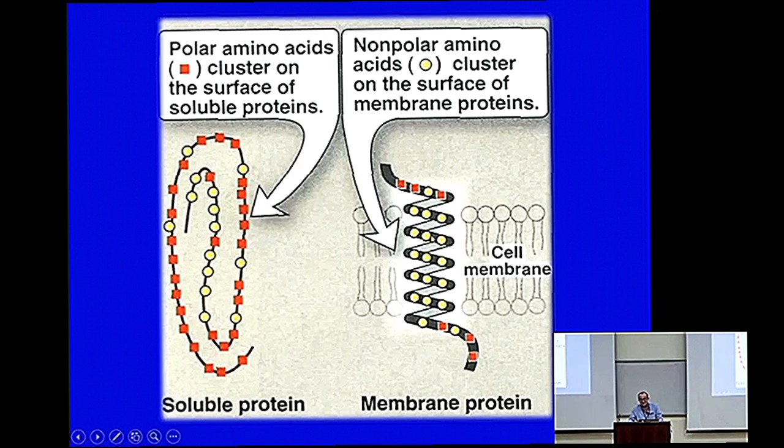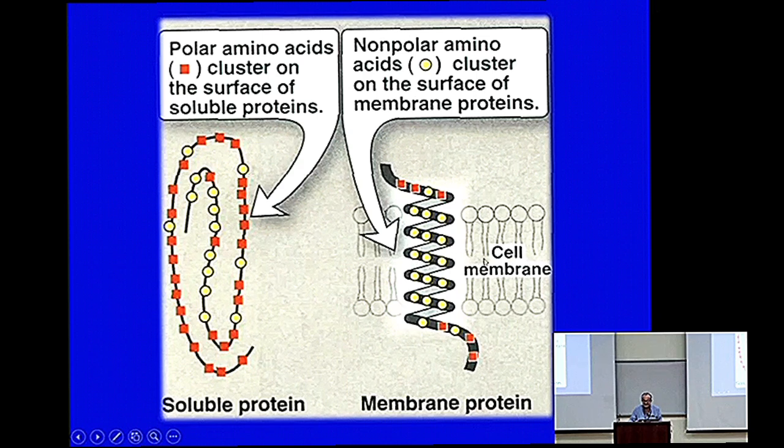So look at this protein there. Here's another protein. Let's call it a receptor protein in the membrane. All of the hydrophobic non-polar residues are embedded in the membrane. These are non-polar. The membrane itself is non-polar. They can interact.